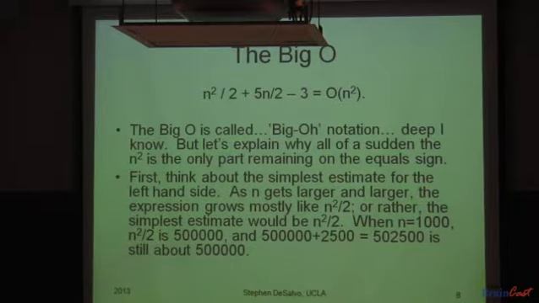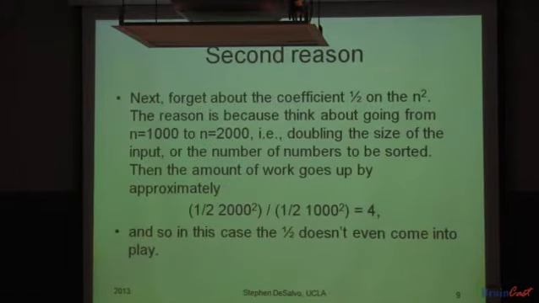So the 500,000's kind of the ballpark figure, but that divided by 2 is still sort of part of the idea. Okay? So let's see why we're going to get rid of the divided by 2. So let's forget about the coefficient 1/2 on the n squared, because rather than thinking of like bottom line number of operations, really what we want to think about is how do we scale up? Okay?